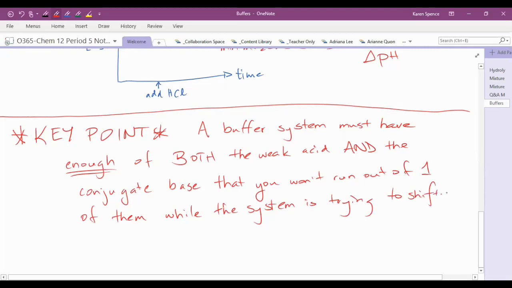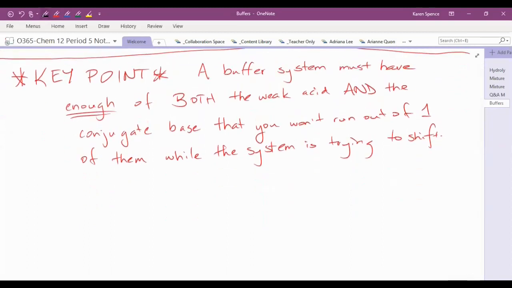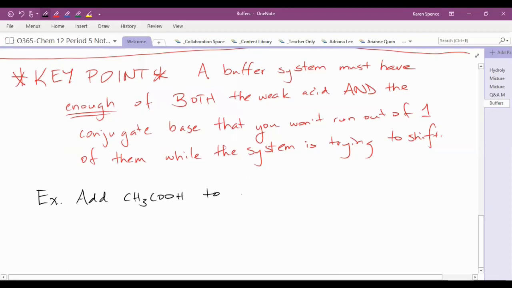Okay, so let's imagine that you tried to make a buffer, and you're going to make it with acetic acid. So I'm just going to put in a decent amount of acetic acid, CH3COOH, into a beaker. And I say, yay, buffer, I've made it.